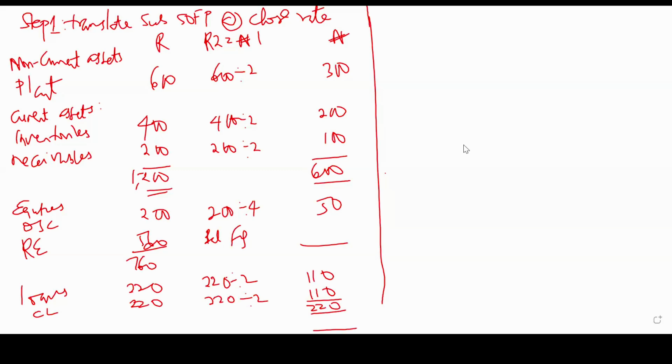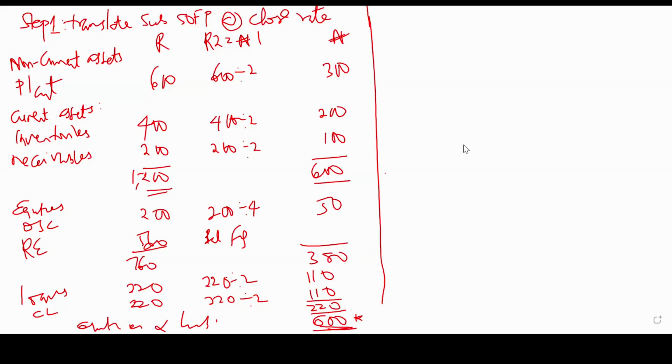However, my total assets is 600. So if my total asset is 600 and my liability is 220, then the balancing figure here, or I can do it like this, if liability is 220 and the total of equities and liabilities is 600, then my equity should equal 380.